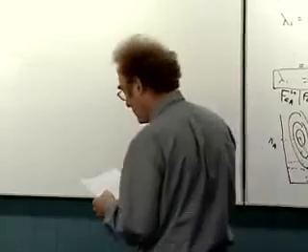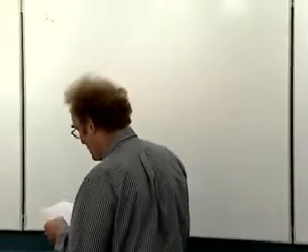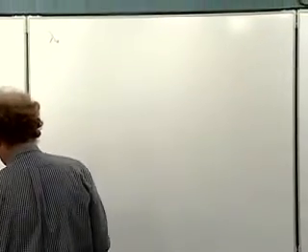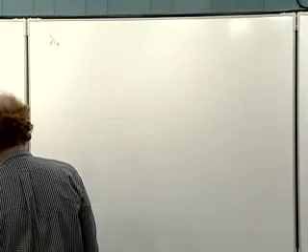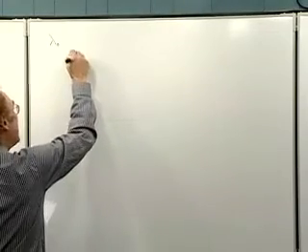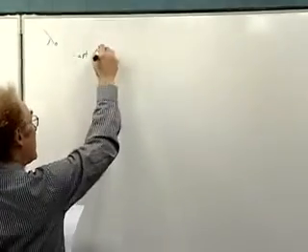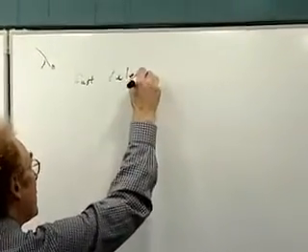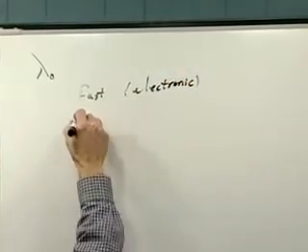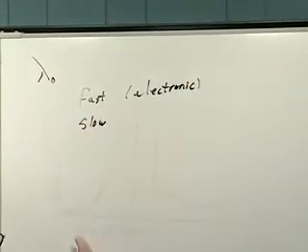So we're not going to do that because that would take too long, but we'll sort of just get a feel of it. So we have the fast motions, which are electronic, and we have the slow motions, which are nuclear.